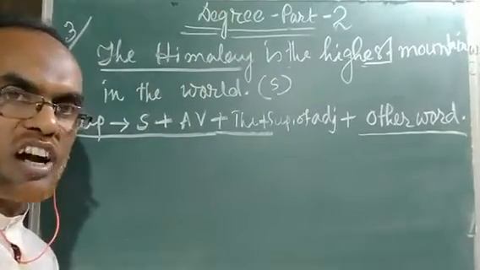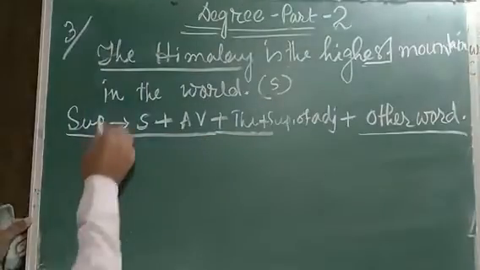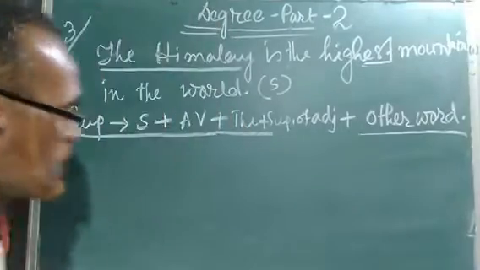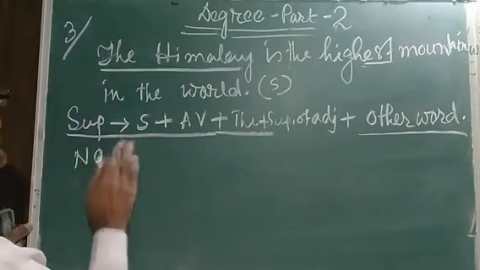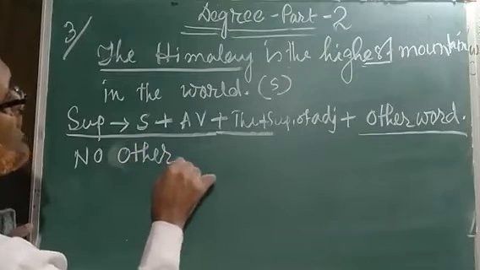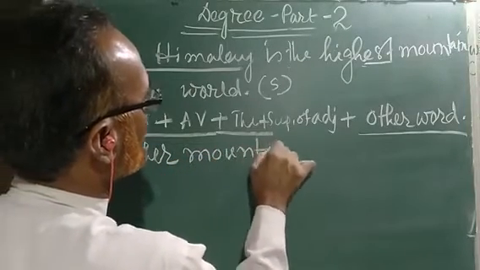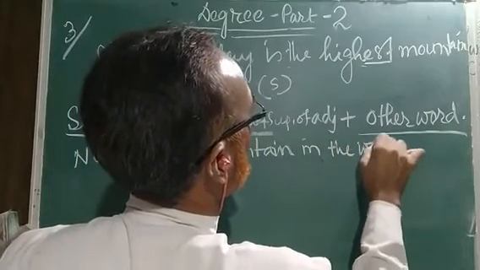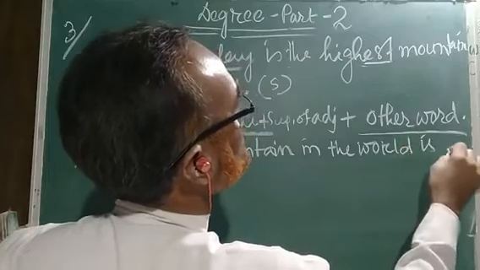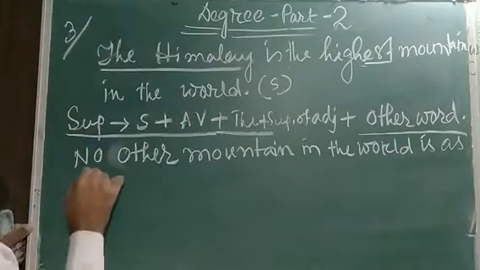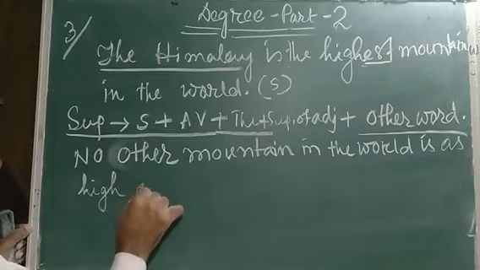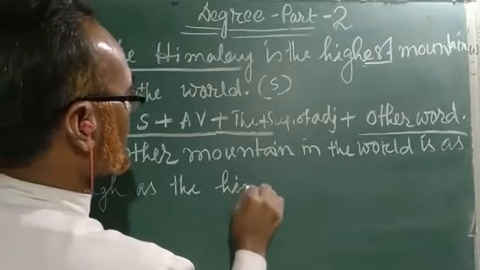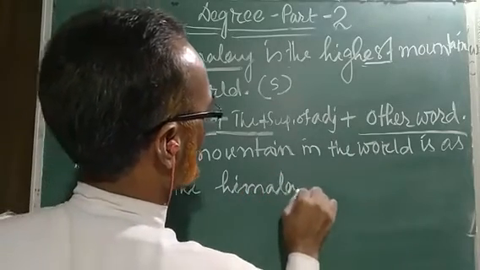Now this sentence we will turn into positive degree. When we turn it into positive degree, we must bring "no other" mountain, other word, "no other mountain in the world is as high as the Himalaya."